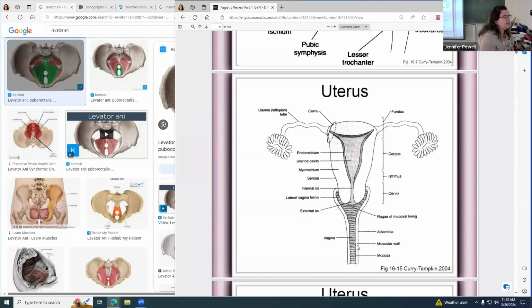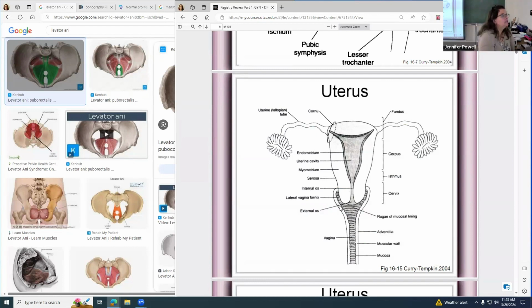You've got the adventitia, which is that outside covering. And then also the vagina has rugae, kind of like the stomach does, so it can expand. Because if it didn't expand, a baby could never make its way down.